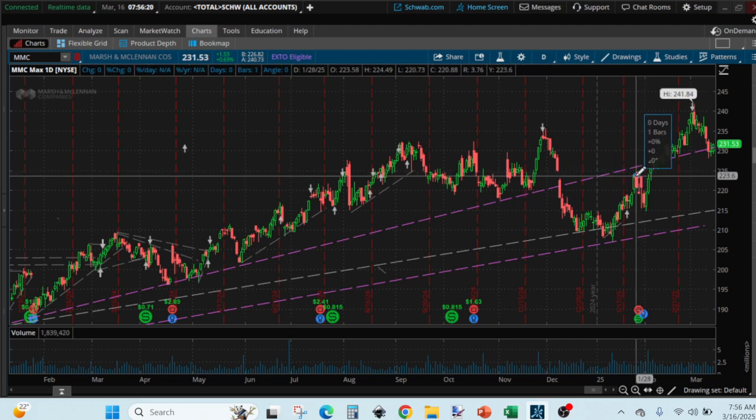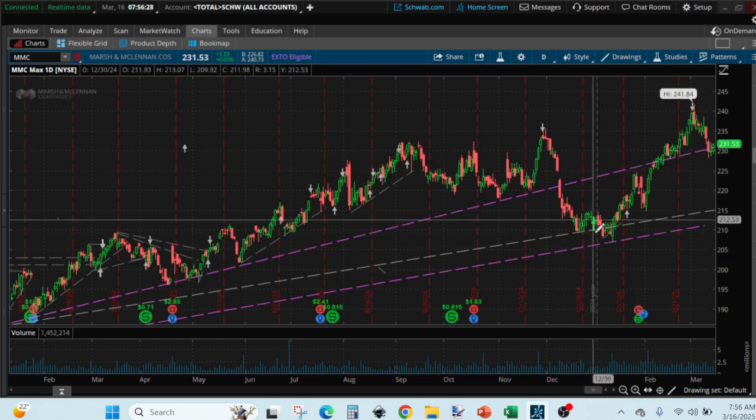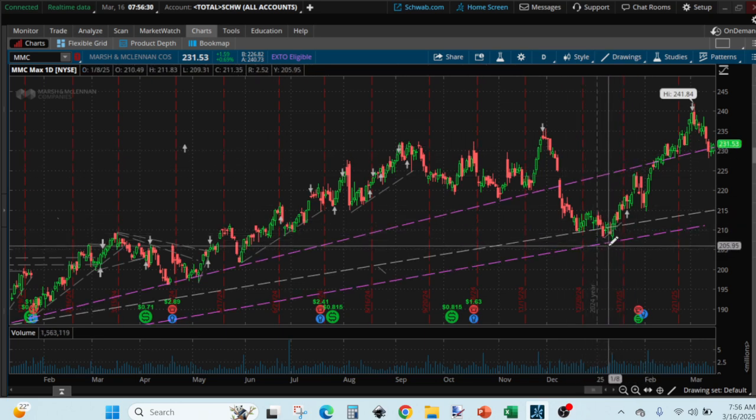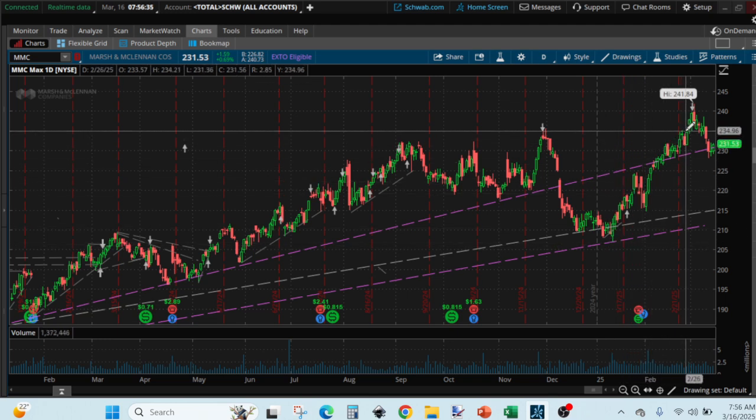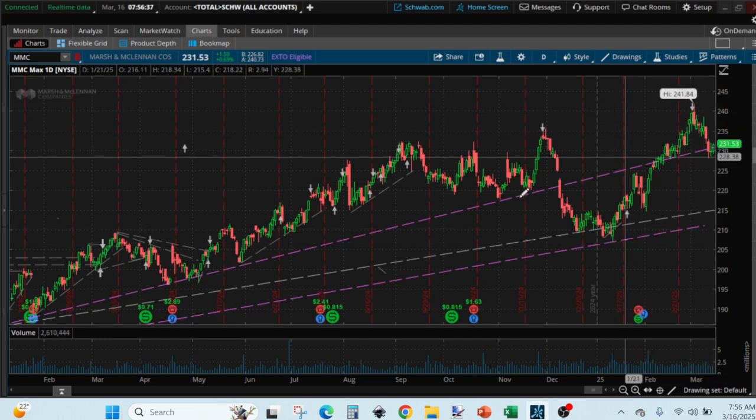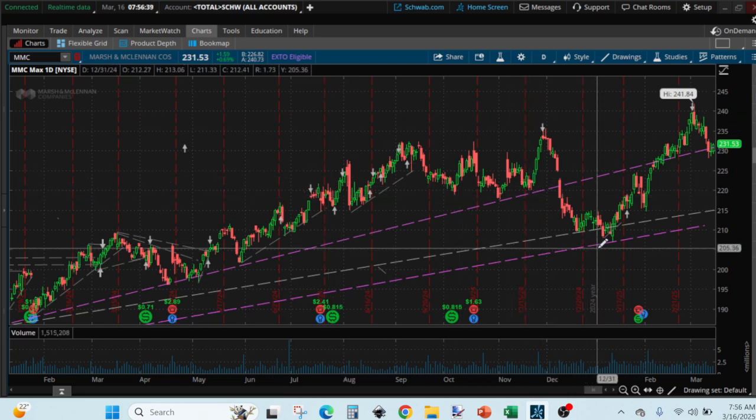If it turns out to be negative, I guess I will be stuck in the trade until it becomes positive. But yeah, usually when it touches base with the lowest support line, it will create multiple highs before it will pull back again.